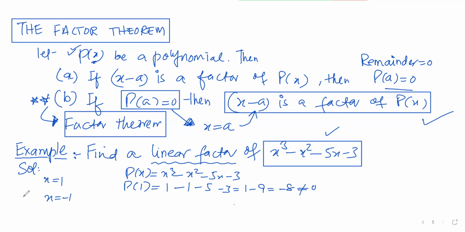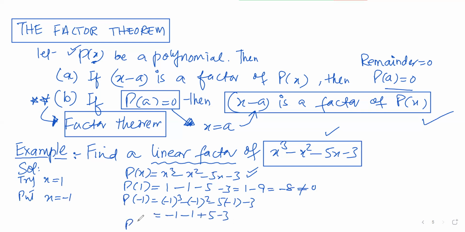Next, I'm trying x equals minus 1, and let's check what the answer is. So minus 1 cubed minus minus 1 squared minus 5 into minus 1 minus 3. This is minus 1 plus 5 minus 3, this 5 minus 5, yes. So p(minus 1) is coming as 0.